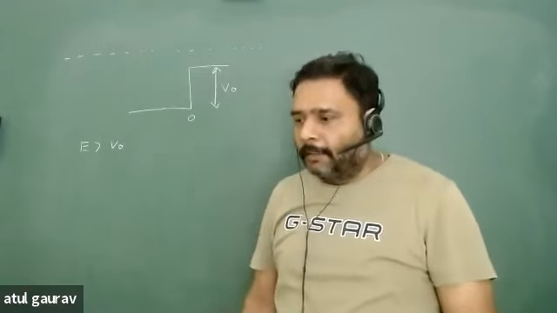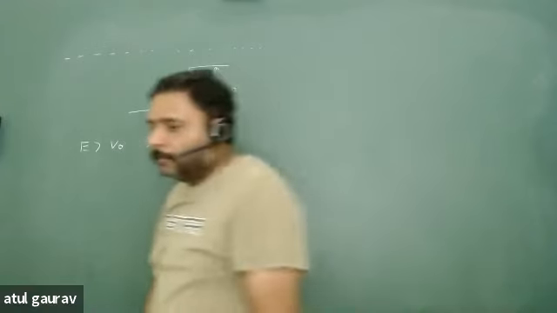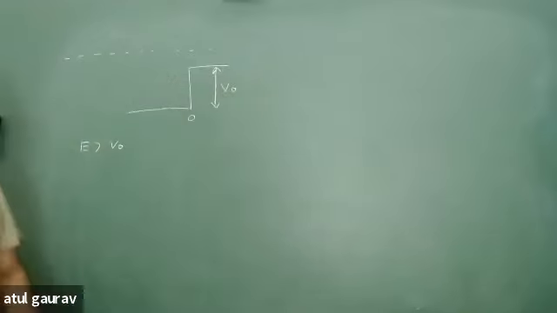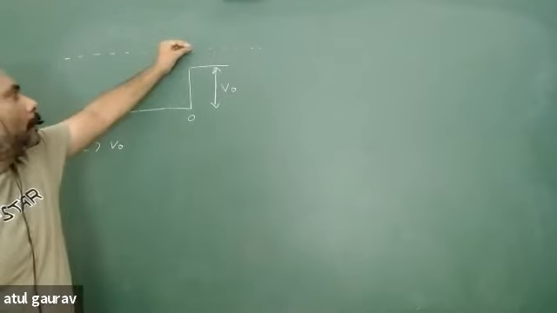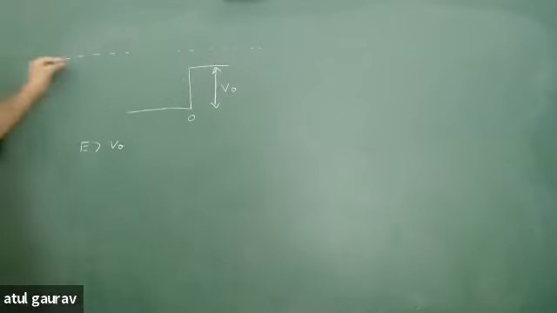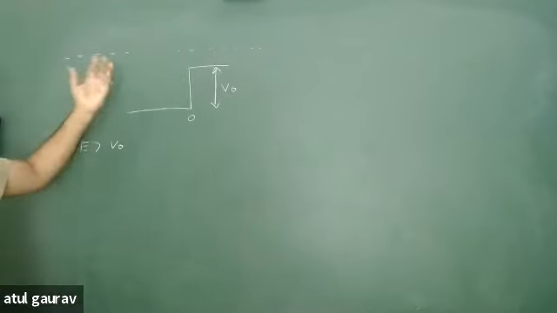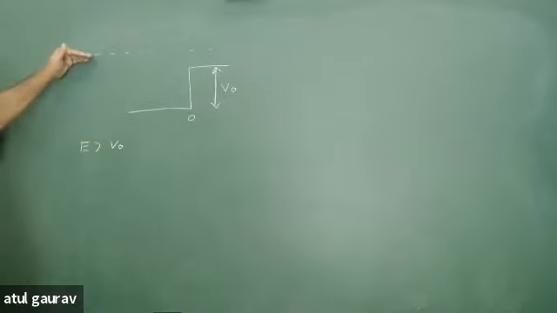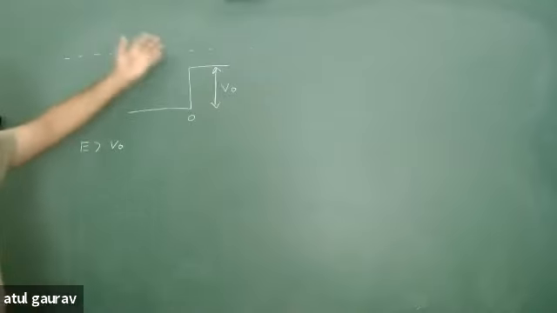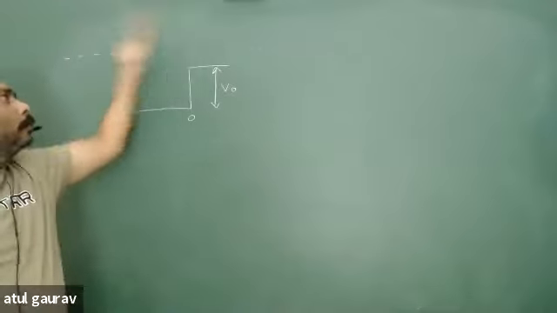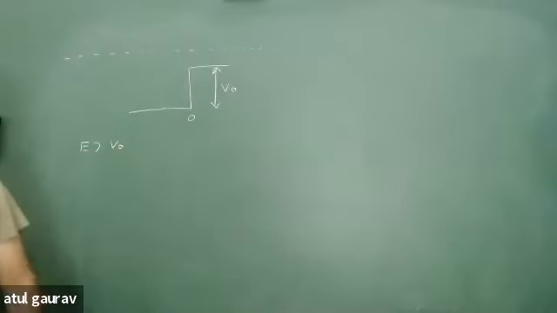This is very important. So let's try to get a justification of how this particular electron can come back. It is also seen that if I increase the energy higher and higher, the chance of the electron reflecting back is less.